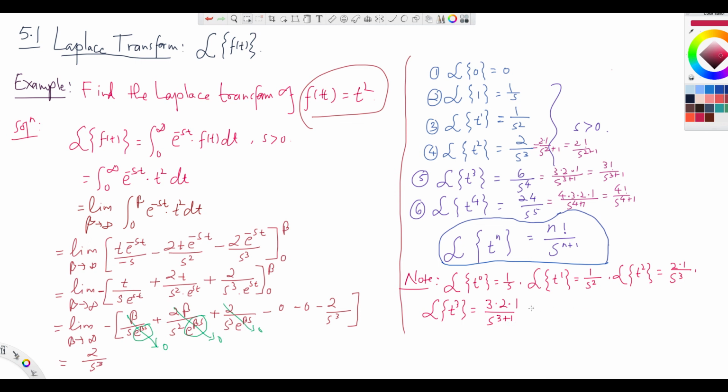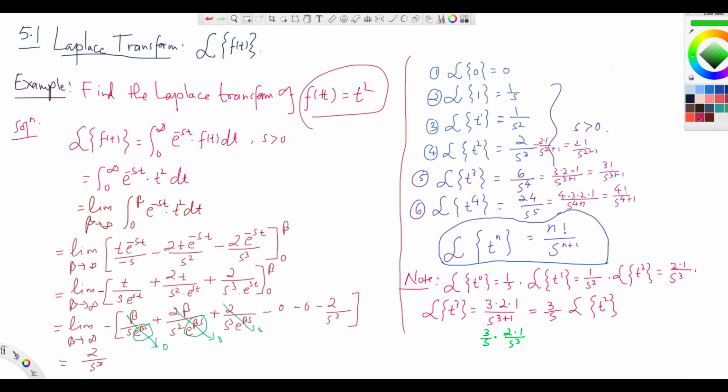So you can write this as 3 over s times the Laplace transform of t squared. Because this is basically 3 over s times 2 times 1 over s to the 3, right? So how much is that? That is the Laplace transform of t squared.